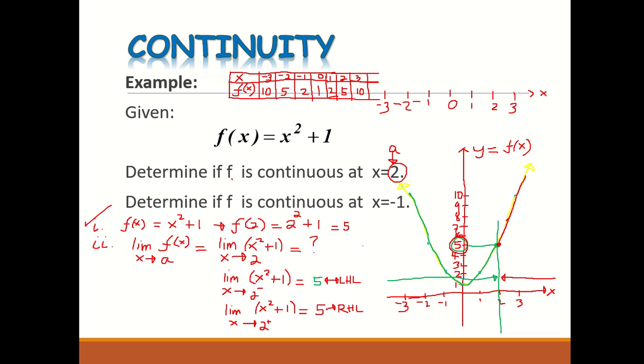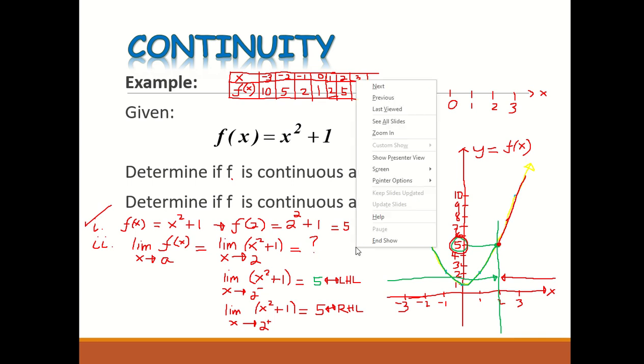So we can say that the limit of the function x squared plus 1 as x approaches 2 exists because they are equal. It exists and the value is equal to 5. So the common value, the same value.